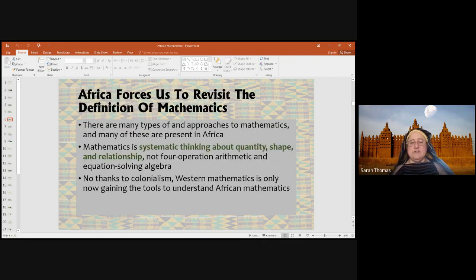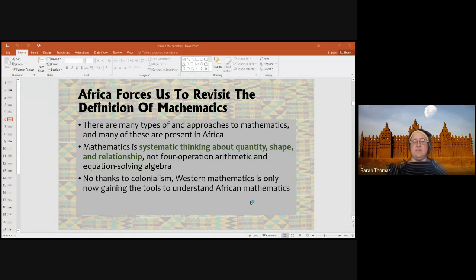So when we study African mathematics, we are going to be forced to reconsider what we mean when we say mathematics. It's systematic thinking about quantity, shape, and relationship. And this rethink is actually happening in our modern mathematics, like when we do curriculum and standards.